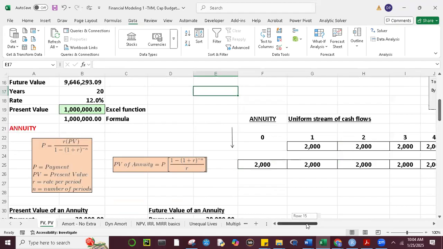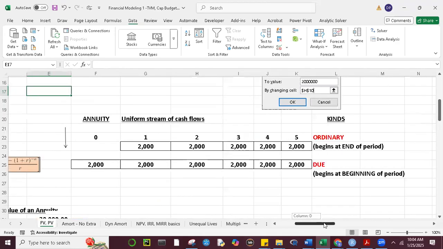For annuity, you have two types. We have annuity ordinary. Annuity ordinary begins at the end of the period. So this is the beginning, and then at the end of this period, you have 2000, 2000, 2000, 2000, 5 years.